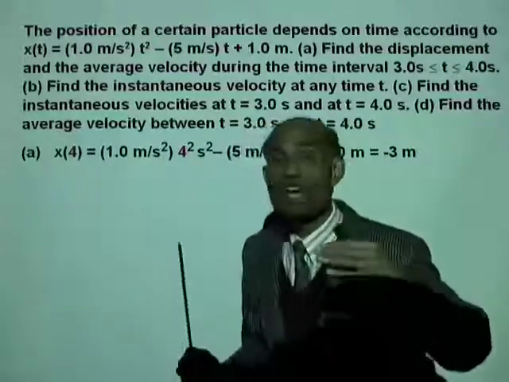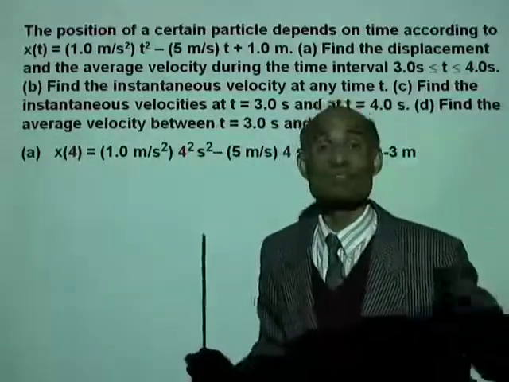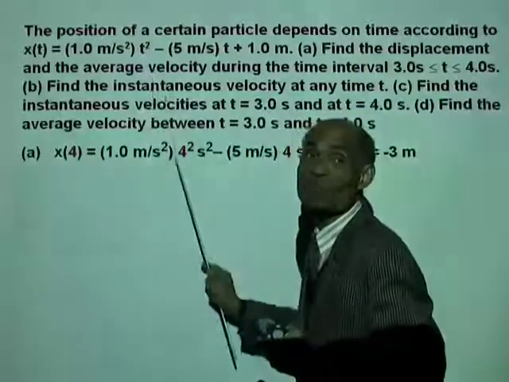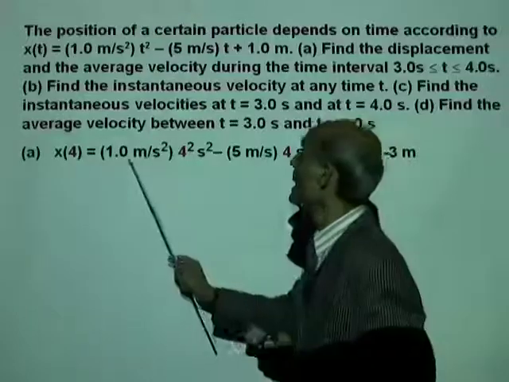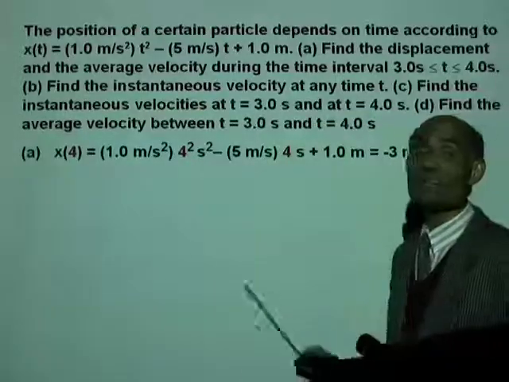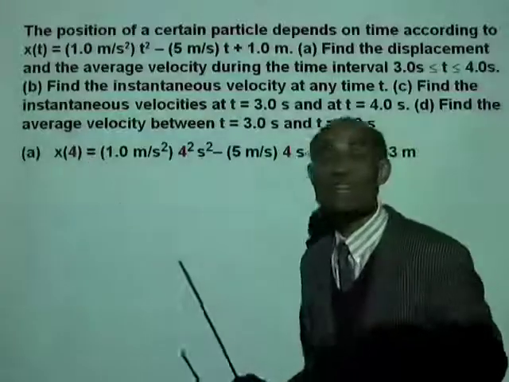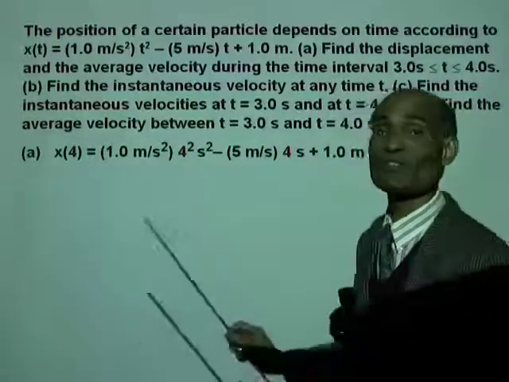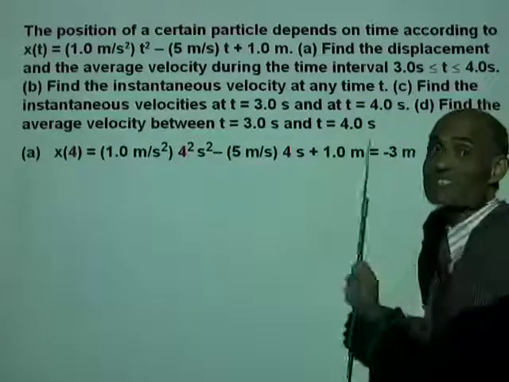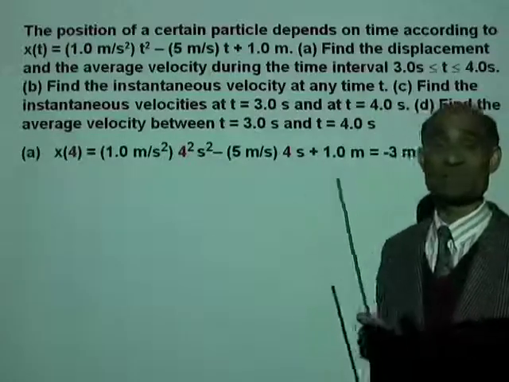The position at time 4 seconds. All we need to do is replace t by 4. And what does that give you? It will give you negative 3 meter. That means at t equal to 4 seconds, the particle is at negative 3 meter.